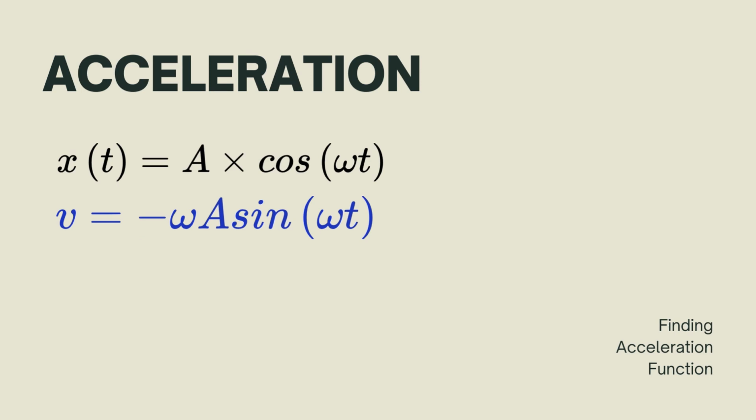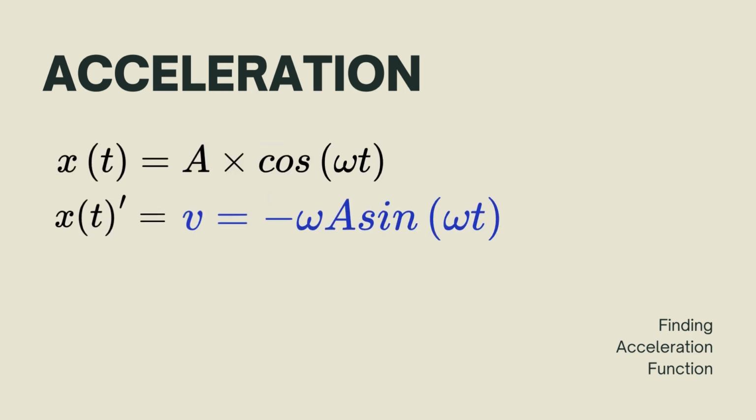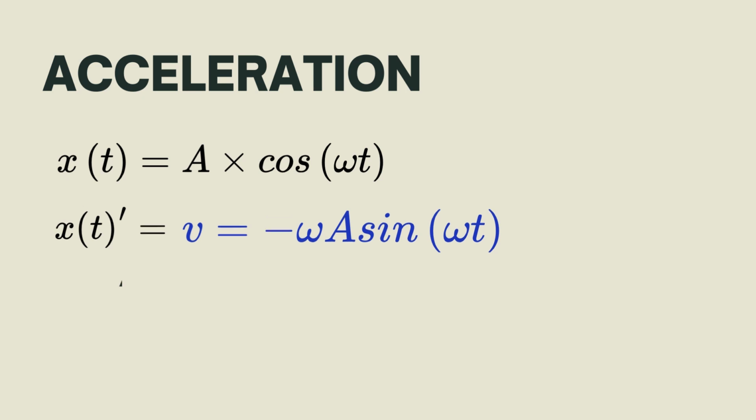Now that we have both the position function and the velocity function, we can do the same task to find the acceleration function. Using the logic that the derivative of the x function is velocity, we can use the same method to find the next function, in this case the acceleration function.